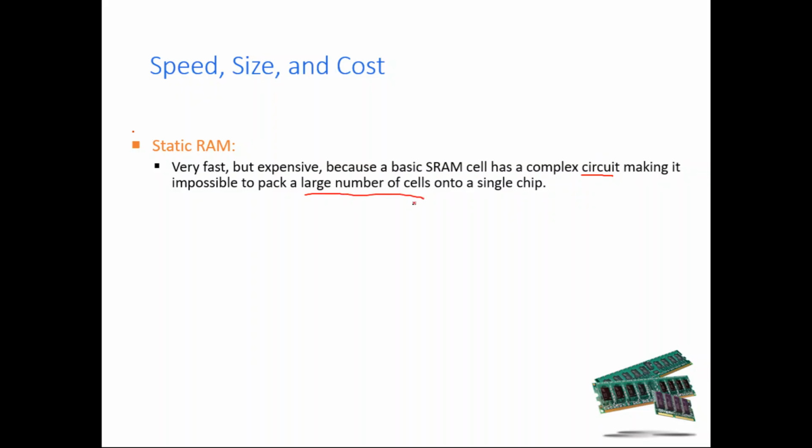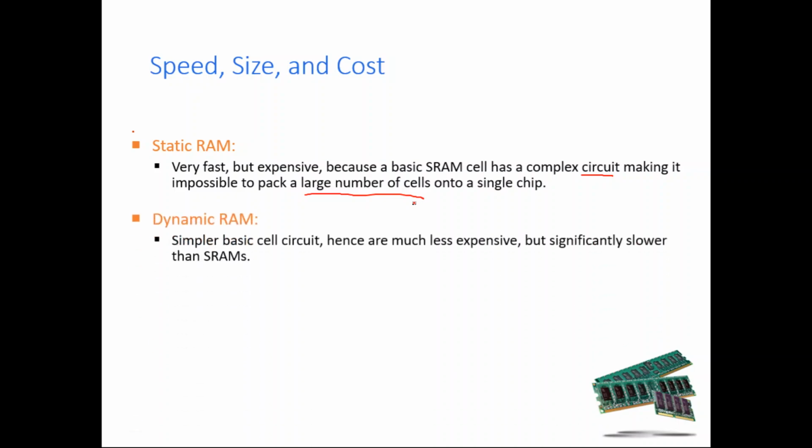That means increasing the size is not easy, right? Then we have dynamic RAM. Dynamic RAM has a simpler cell circuit, so it is less expensive, but it is significantly slower than SRAM. Because their circuitry is simple, they are less expensive, but with respect to speed, they are slower than SRAMs.